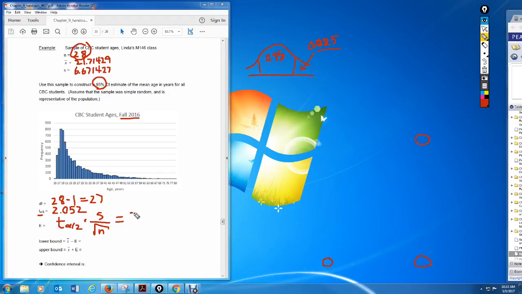So it's 2.052 times sample standard deviation was about 6.6714, and then divided by the square root of 28. So go ahead and calculate that, and you should get about 2.587.